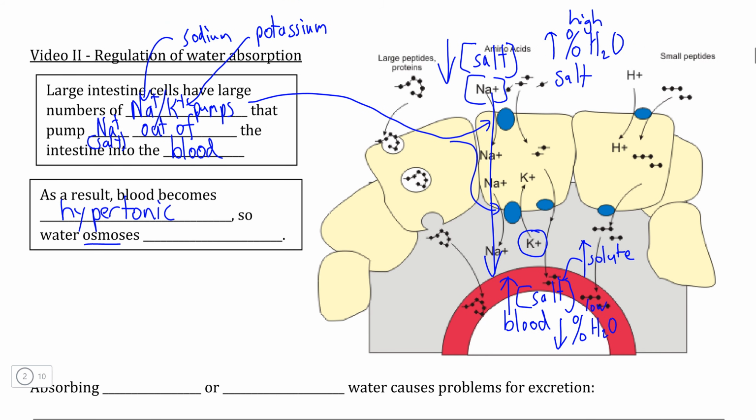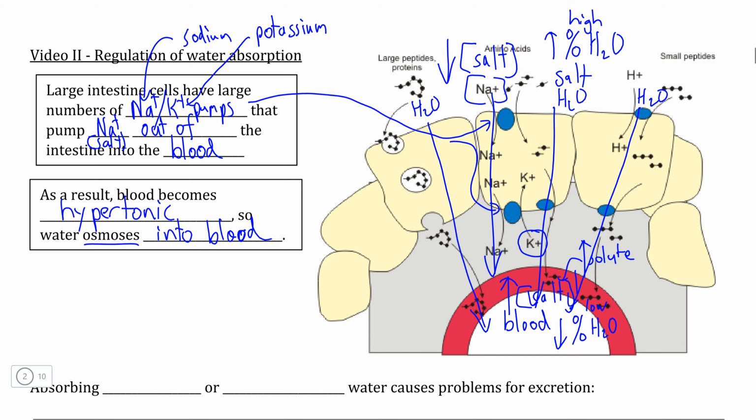So if we look at the direction where water is going to osmose, because the sodium-potassium pumps in your large intestine are making your blood salty, if you will, by transporting sodium in, this creates a situation where water will want to osmose into the blood in order to dilute the concentration of salt.